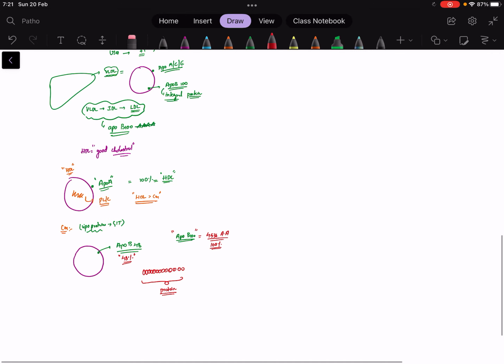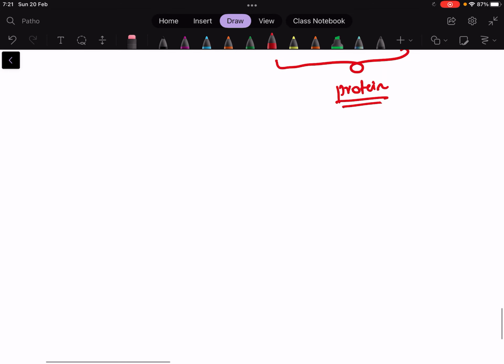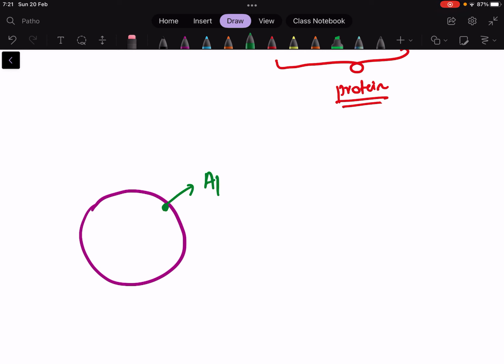So I am going to take a small test on you guys. Try to answer this one. I am going to draw a lipoprotein, and this lipoprotein is going to carry ApoB100. Can you name this lipoprotein?